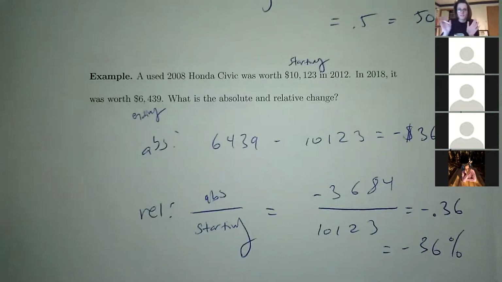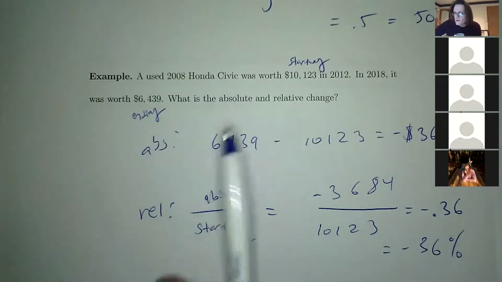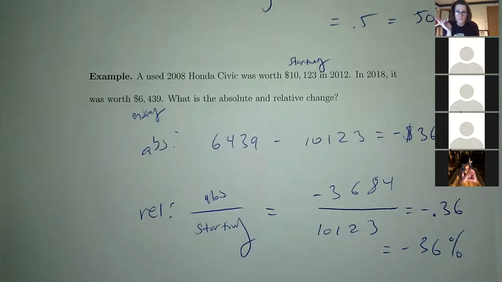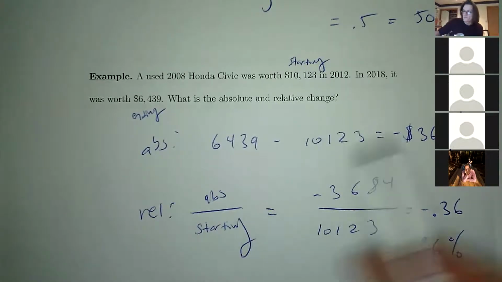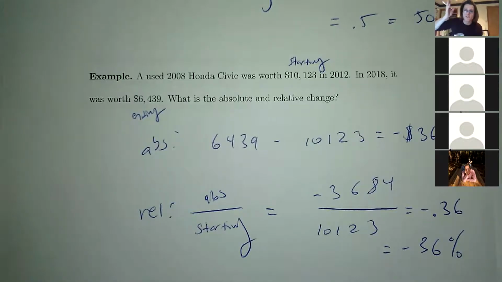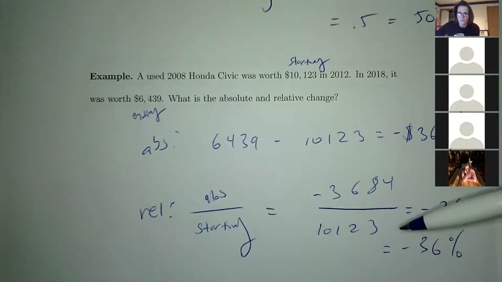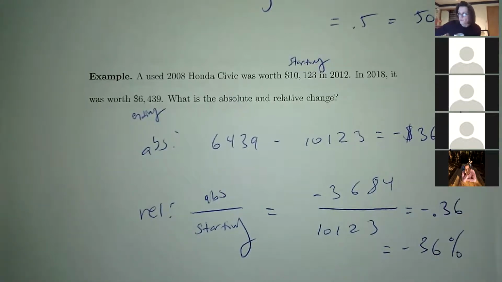So the way you can see it really quick is that the car was initially worth about 10 grand, right? And over these years, it lost about $3,000 worth. Well, I guess $3,600 worth of its value, right? So if it was worth 10 grand and it lost about 3,600, that amount is about 36% of the 10 grand. So whenever you're doing these problems, you should always do a quick check and ask, does it make sense that I'm losing 36%?